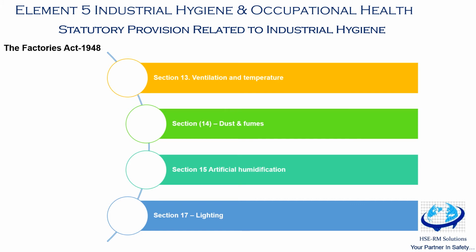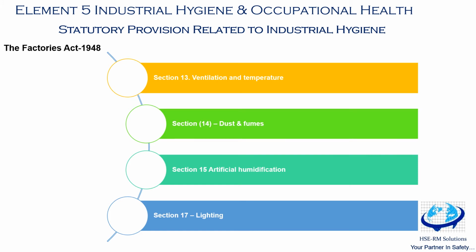If it appears to an inspector that the water used for increasing humidity in the factory is not effectively purified as required, he may serve on the manager of the factory an order in writing specifying the measures which in his opinion should be adopted and requiring them to be carried out before a specified date.